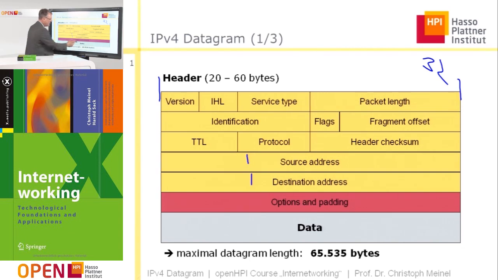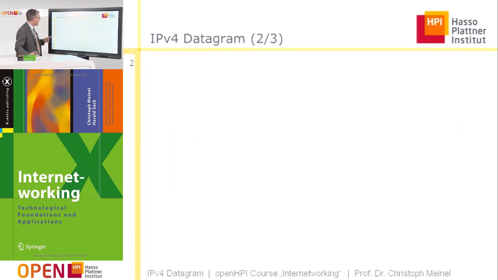For the data, there is in the IP protocol a maximal data length of 65,535 bytes, plus the header gives the packet size. The version here is 4, which is 0100.